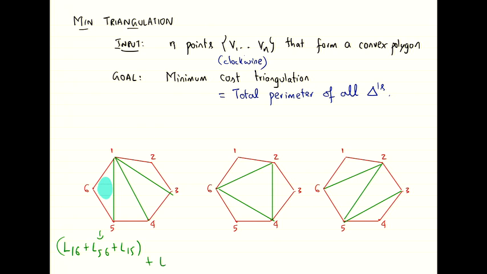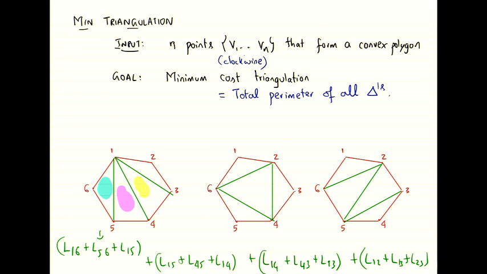It's L15 plus L45 plus L14, that is this triangle, plus L14 plus L43 plus L13, that is this triangle, and L12 plus L13 plus L23. So that's the total cost of this triangulation.